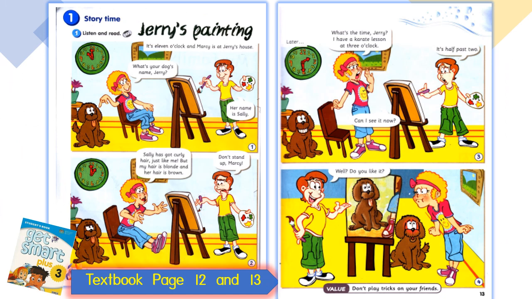Look at this picture. Can you tell me what's the title? It's Cherry's painting. Okay. The title of the story is Cherry's painting. So, how many people are there in the story?